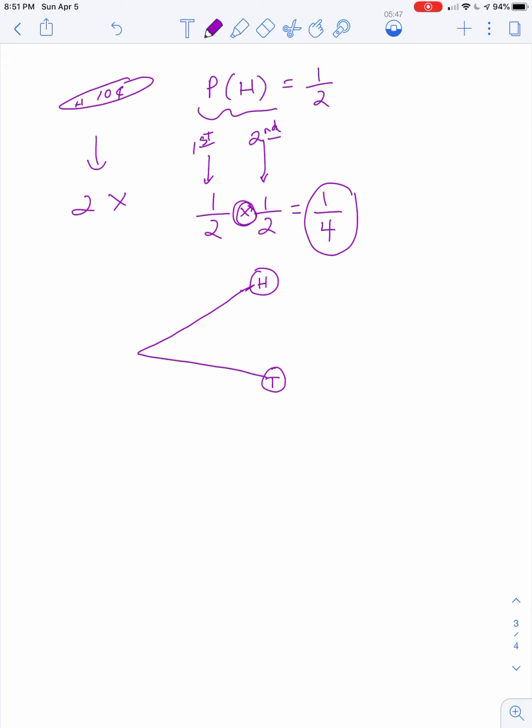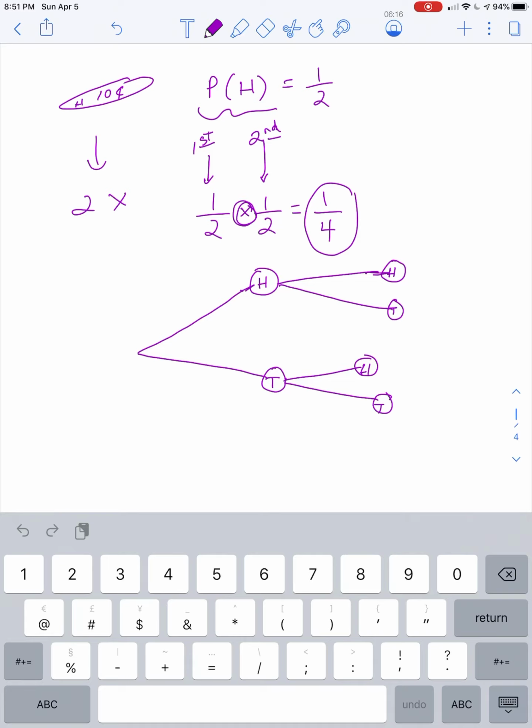If the first toss comes up heads, I'm going to draw my tree out this way. If it came up heads, and now I'm going to work on my second toss, that could also be heads or tails, right? My second toss. What if my first toss was tails, and I'm going to toss it a second time? My second time could also be heads or it could be tails.